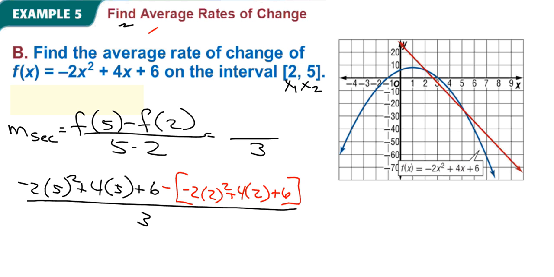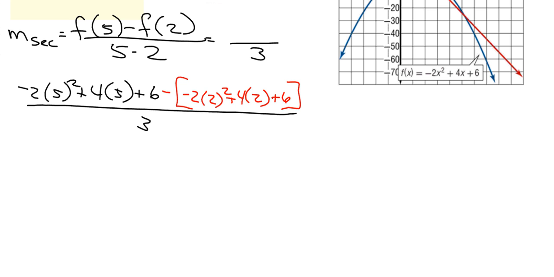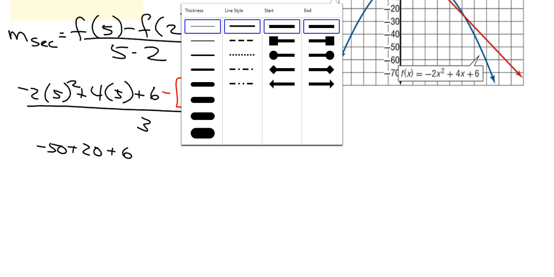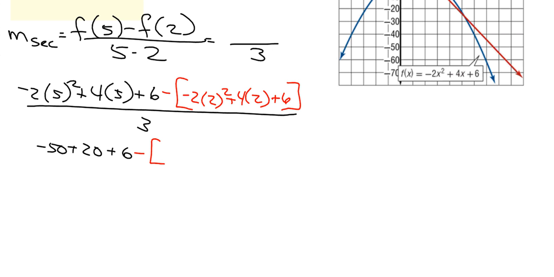Okay, and I'm going to try to do it so that I get the 2 answers. So if you did it that way, 25 times negative 2 is negative 50 plus 20 plus 6. And then I have minus, and then 2 squared is 4 times 2 is 8, negative 8 plus 8, plus 6 as I look at that one. And then all over 3.